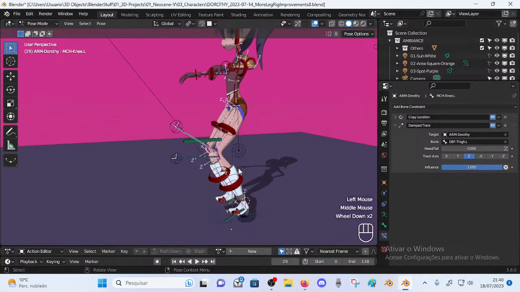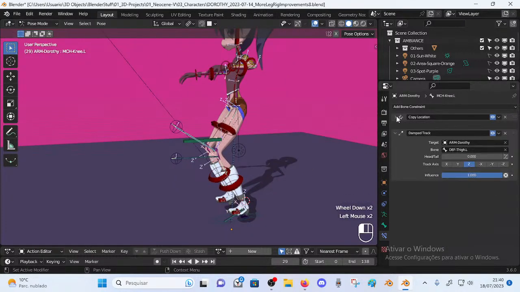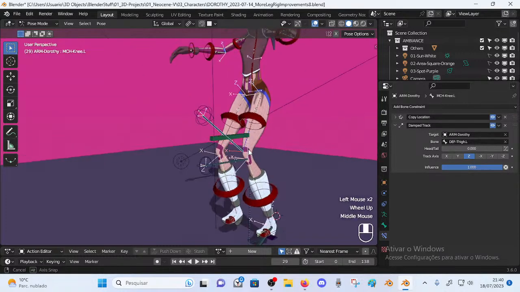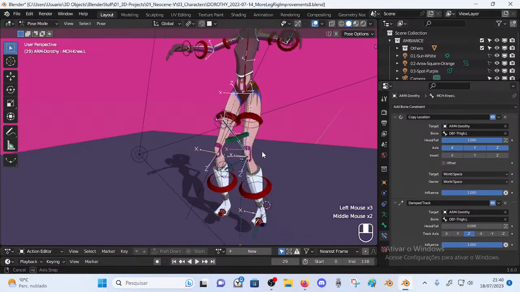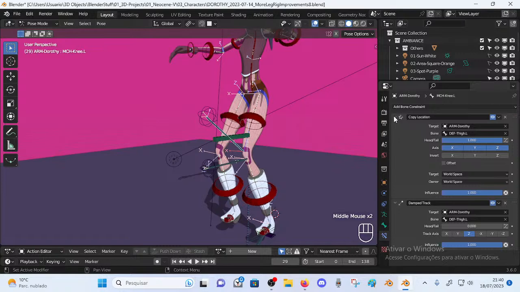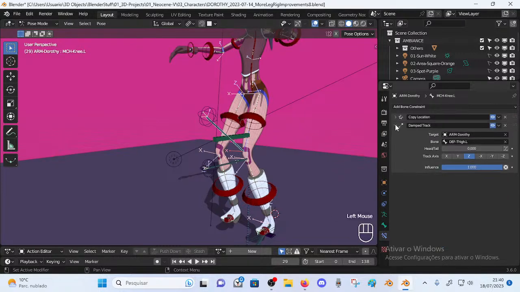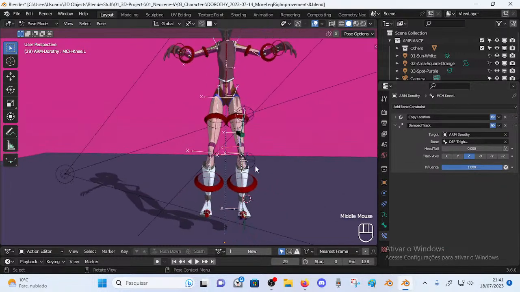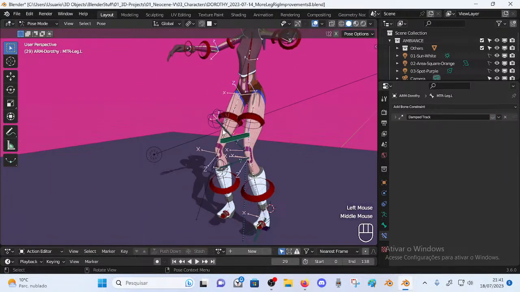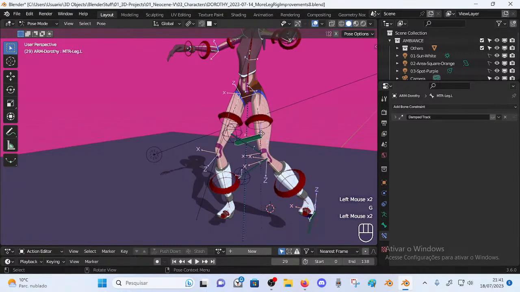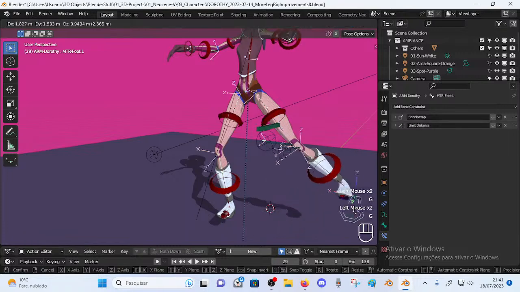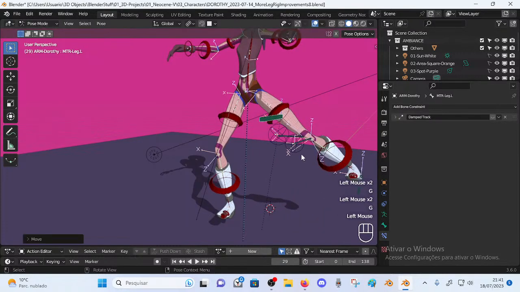However, these ones have some copy location, first of all. So this one has copy location here, pretty simple. Otherwise this thing doesn't follow very well. Maybe there's a better solution for that, but currently a damped track allows it to align to that bone. This is still not totally as I wanted, but it kind of aligns.